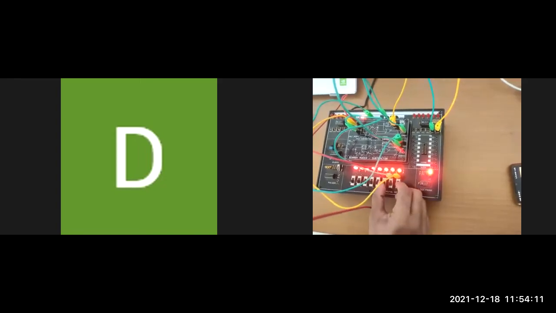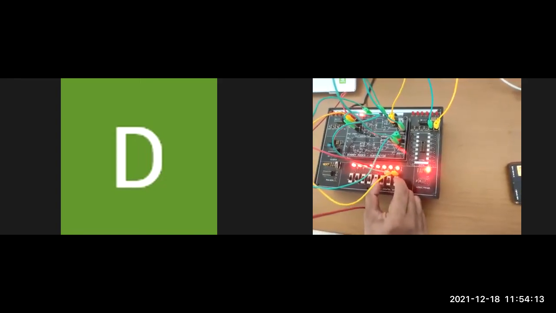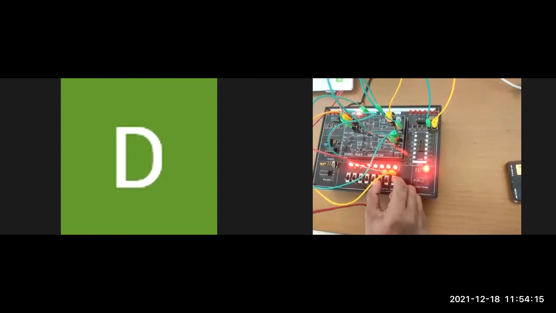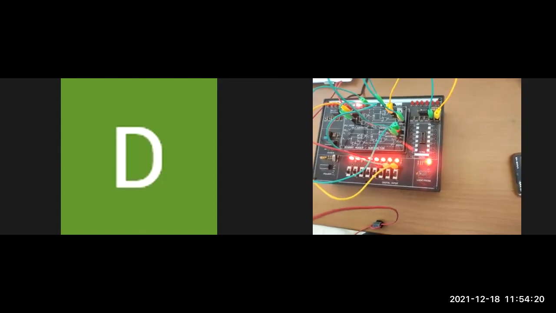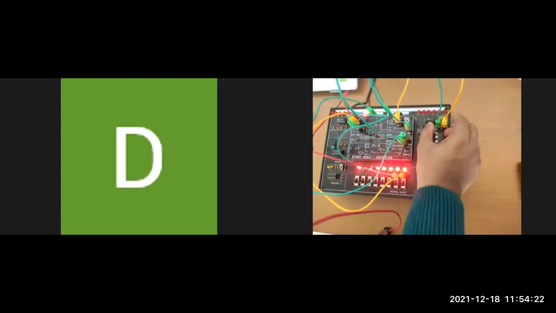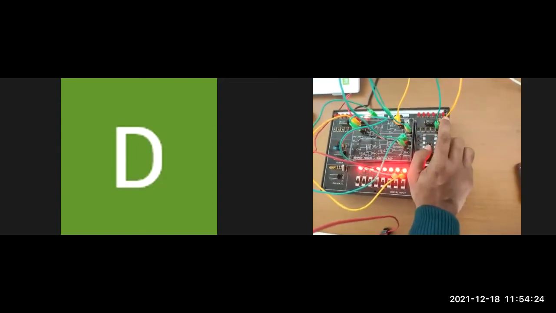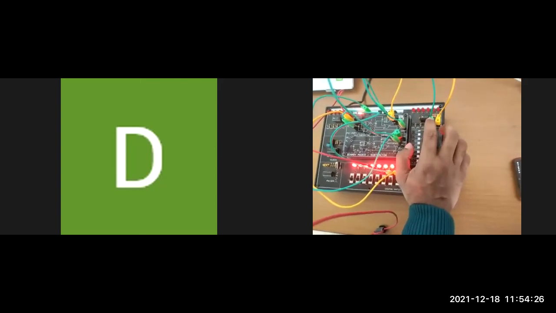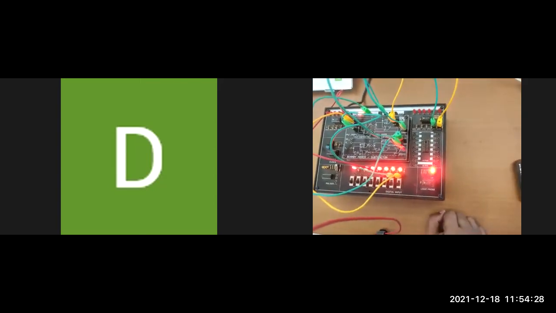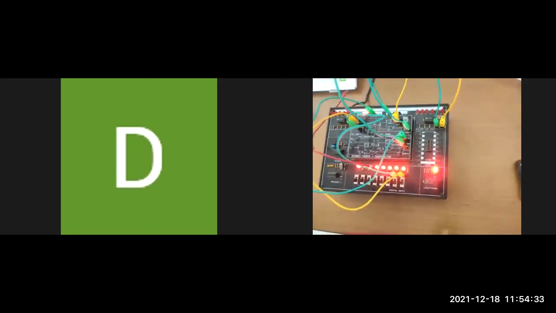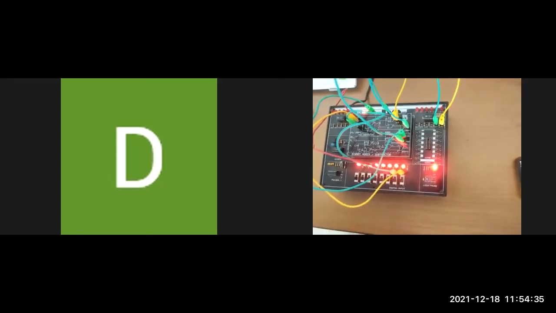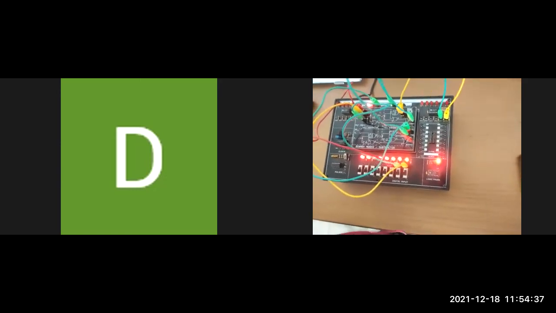And these are the input pins. With these input pins, we can give 8 input combinations, and there are 2 outputs. Yellow is for sum and the green is for carry. Now I am giving the combinations 1 by 1, and we will see whether we are getting the output as per the theory concept or not.